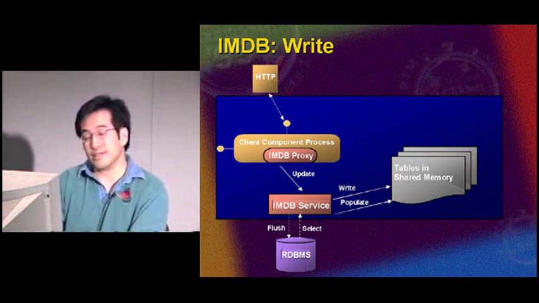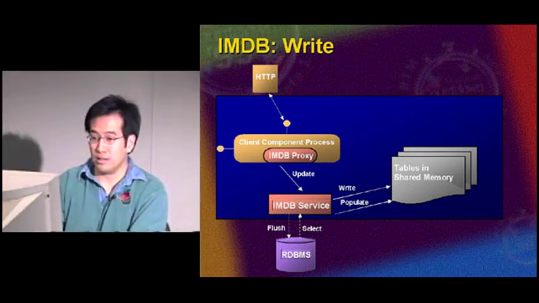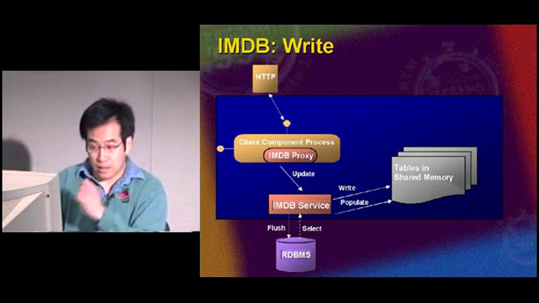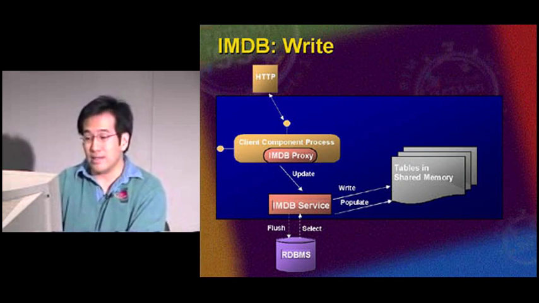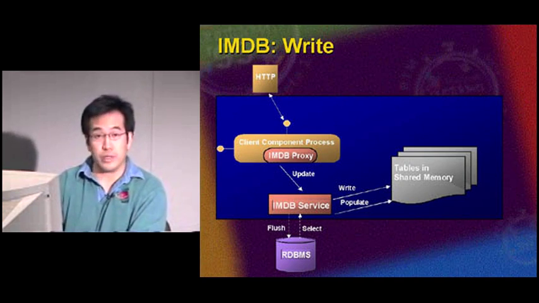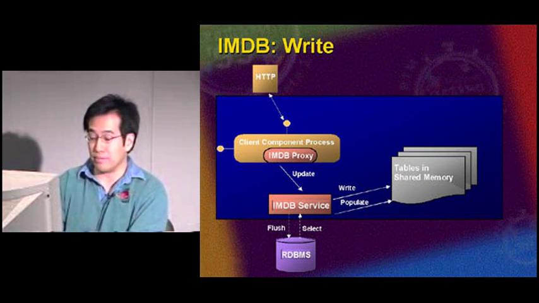Now let's discuss how IMDb writes to SQL Server or Oracle databases. Once again, HTTP or DCOM clients communicate with the COM+10 components. In this situation, when we would like to write information in IMDb and SQL Server and Oracle, the IMDb proxy needs to send a request to the IMDb service component requesting an update to that table.